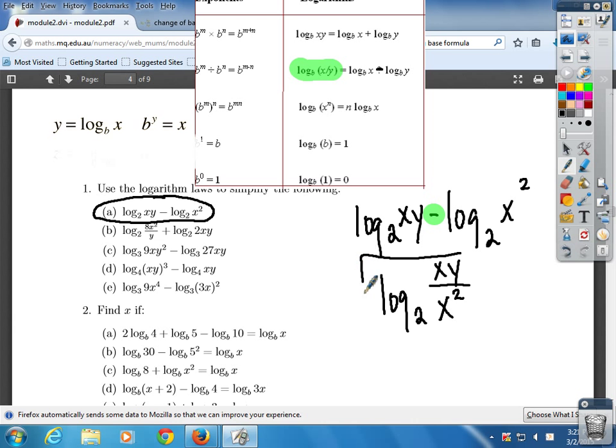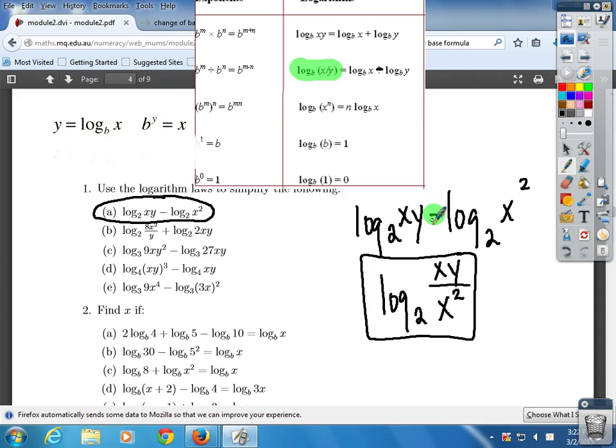Now, isn't that more simple than this? Now, I don't think they want you to expand it because then you'd be re-expanding it. This could be written as log base 2 of x plus log base 2 of y, but they're not wanting you to do that because then you would be re-expanding and then simplifying after you re-expand it.